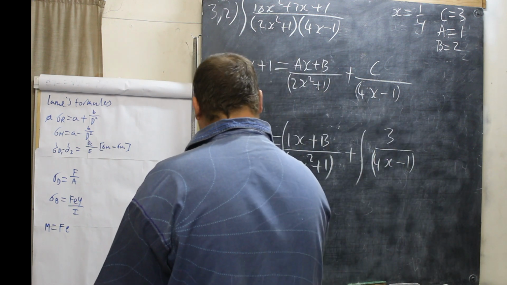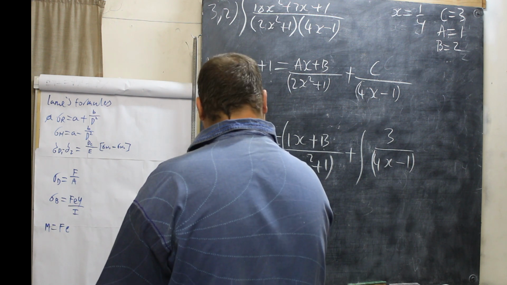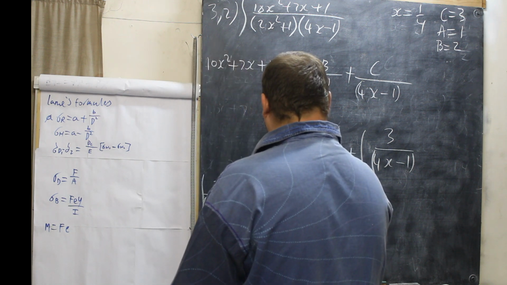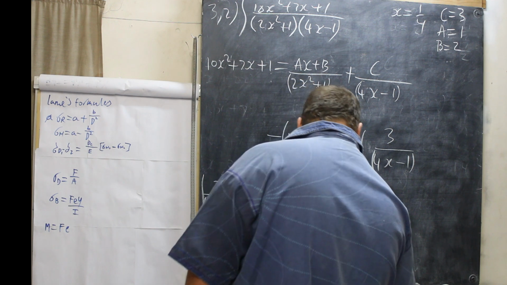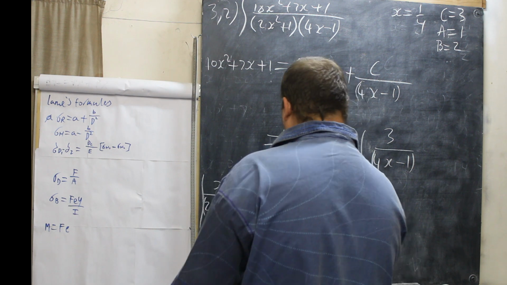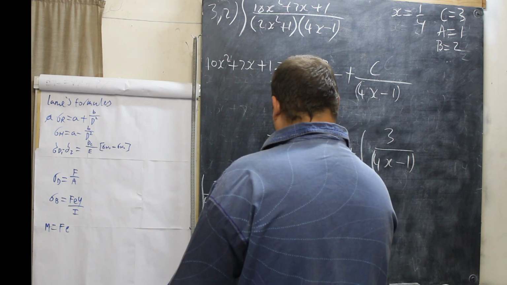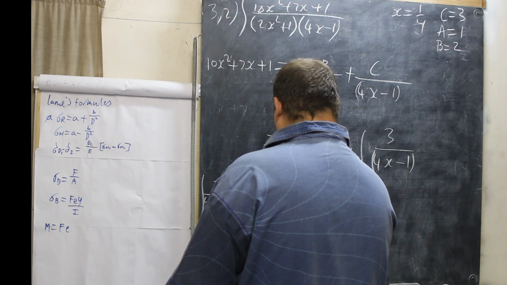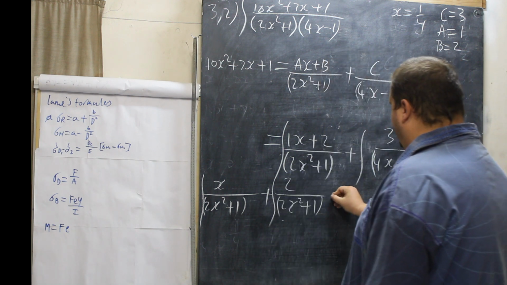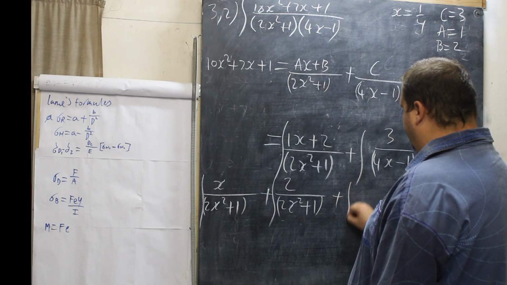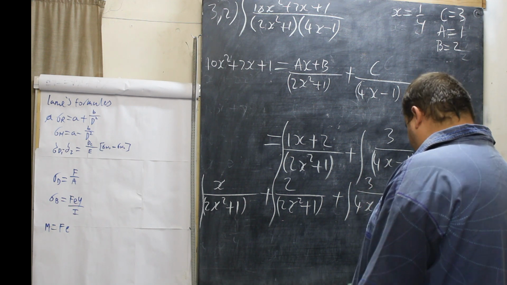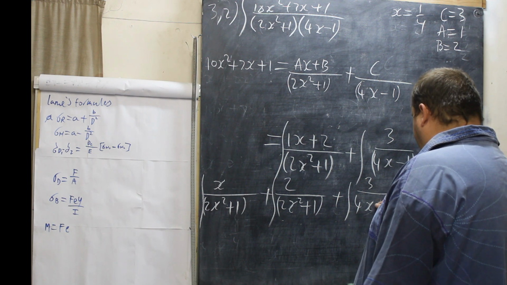So x over 2x squared plus 1 plus b is 2. So 2 over the integral of 2x squared plus 1, plus the integral of 3 over 4x minus 1.